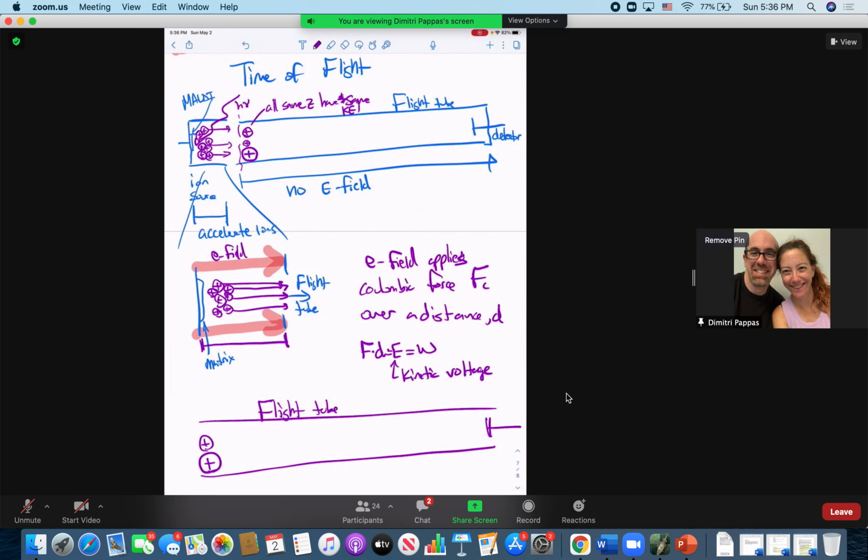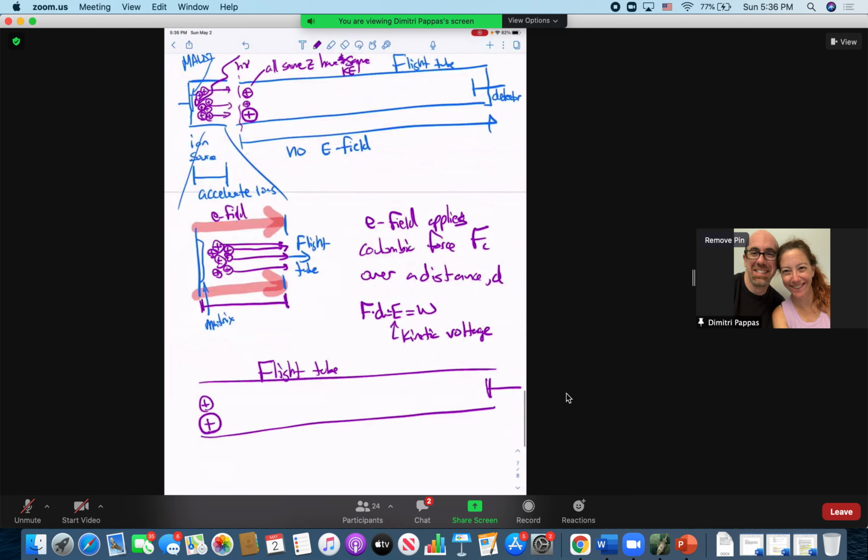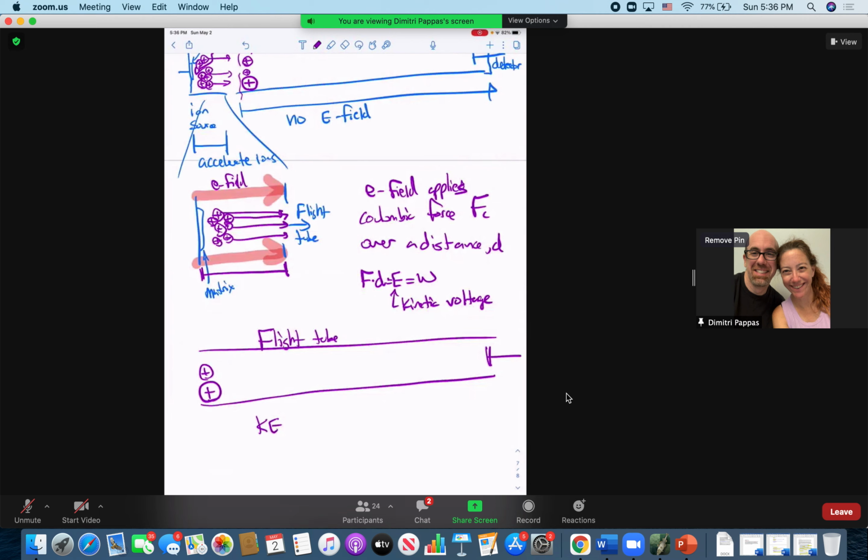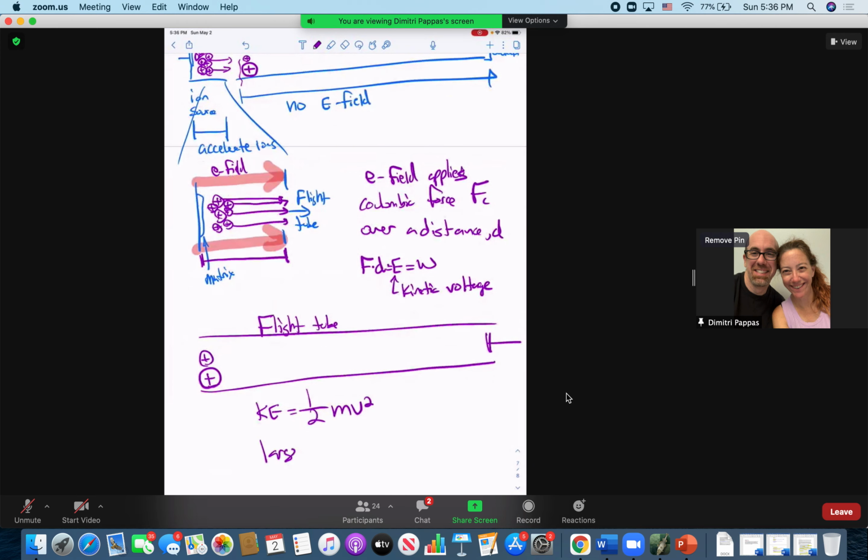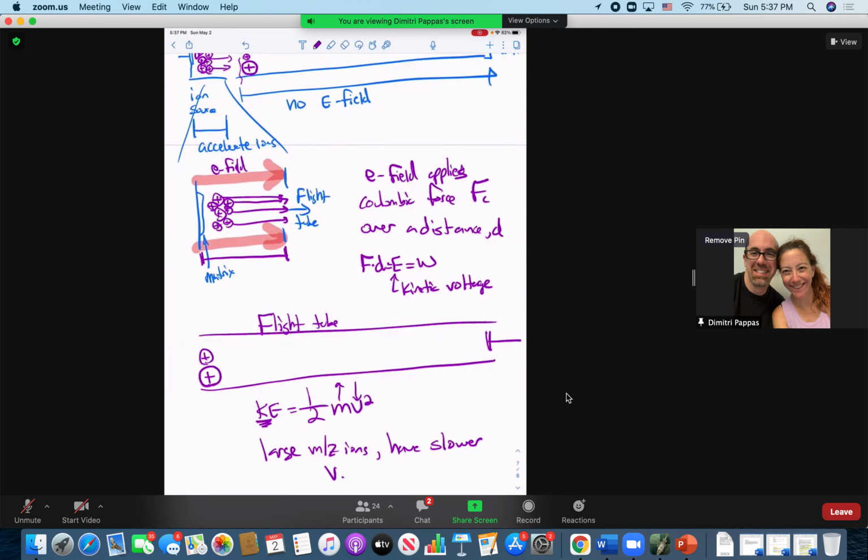KE, kinetic energy, which you got by applying force over a distance, is equal to 1/2 mv squared. So larger ions, or larger m over z ions, have slower velocity. This is constant, so if you increase one, you have to decrease the other, and vice versa.